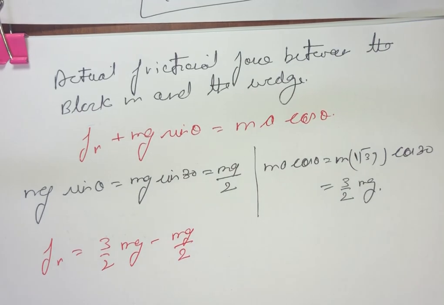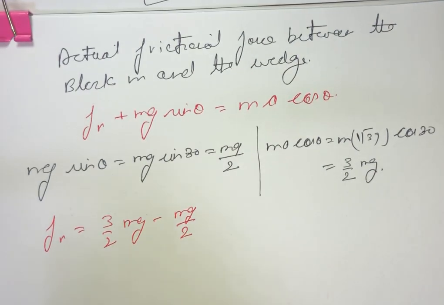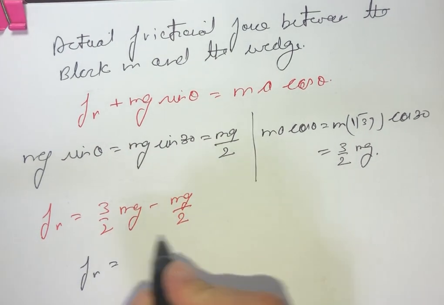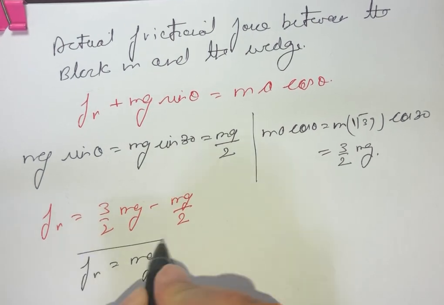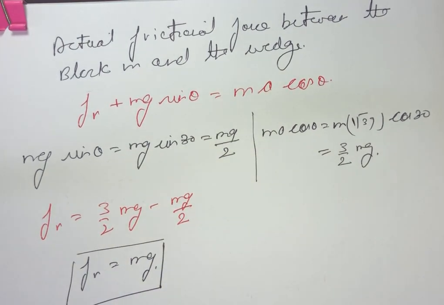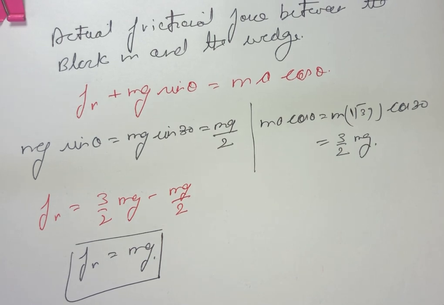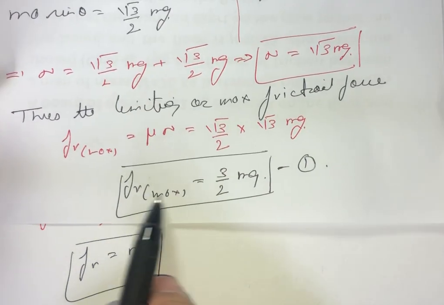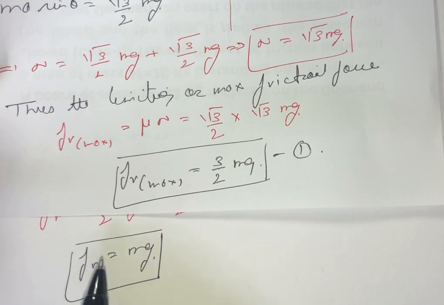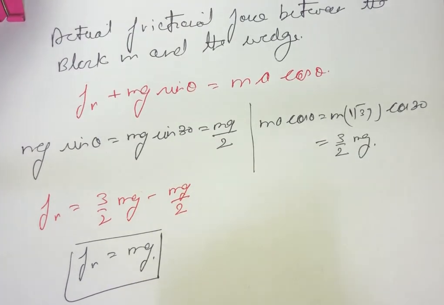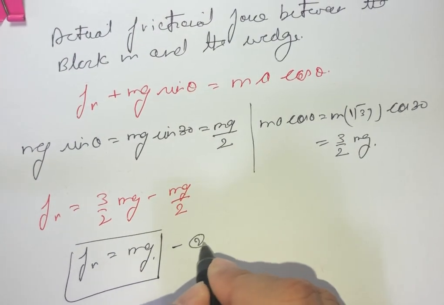So we can say that the value of the friction will be equal to mg. Okay. So the value of Fr max is 3 by 2 mg, whereas the actual value of the friction, because of the forces acting on the block M, is mg.